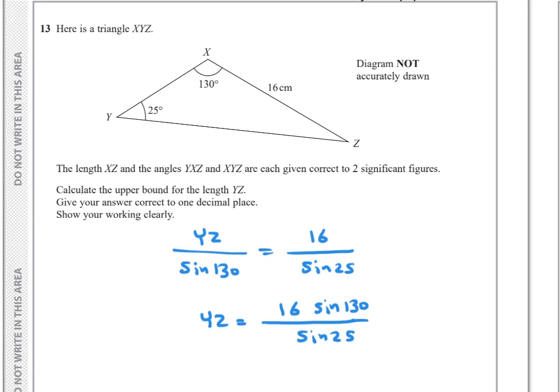But I need the upper bound for YZ. So 16 should be upper, and for sine 130 I need its upper, for sine 25 I need lower.